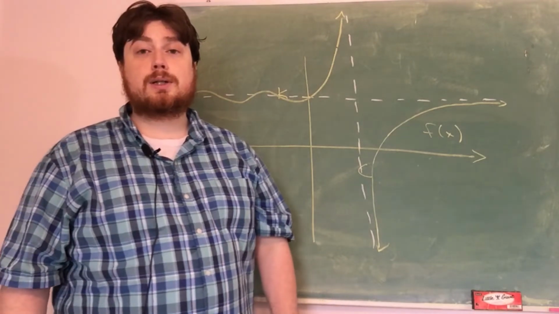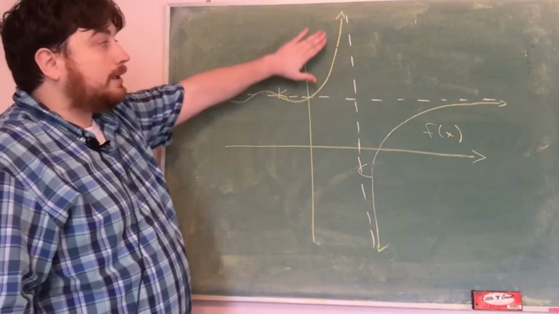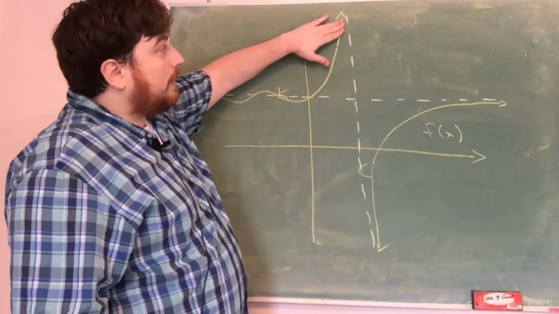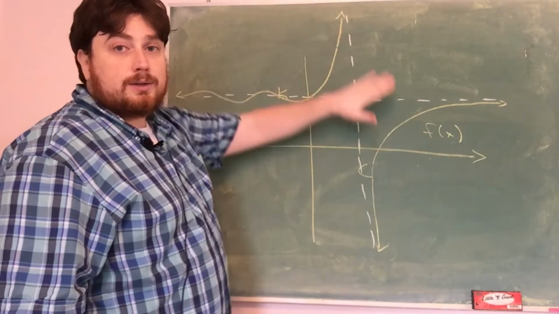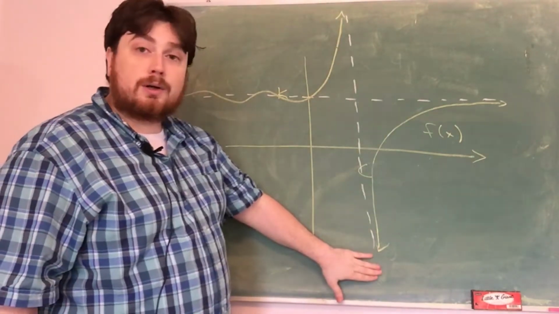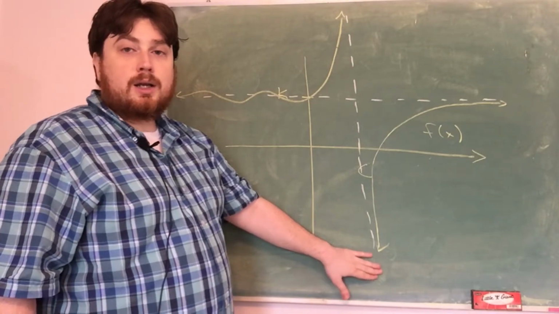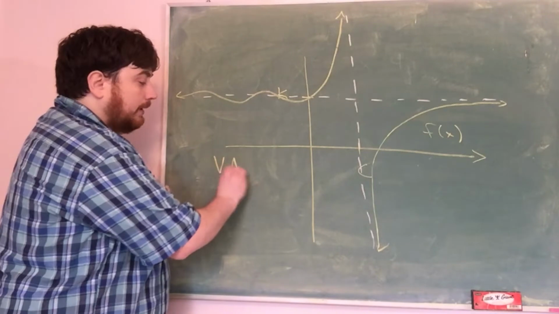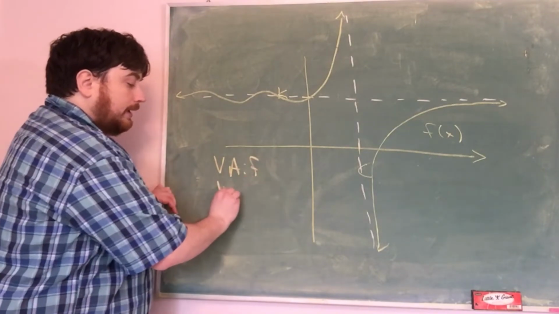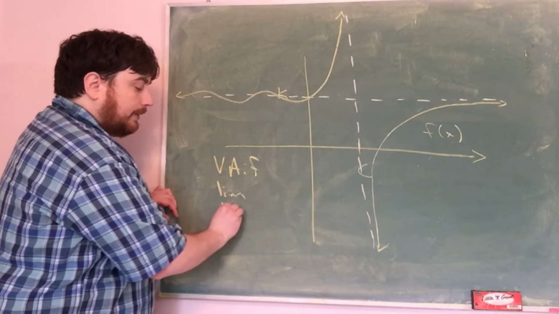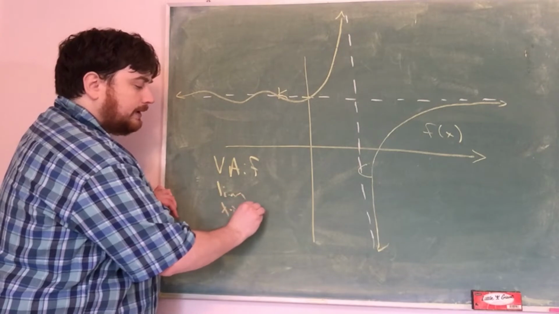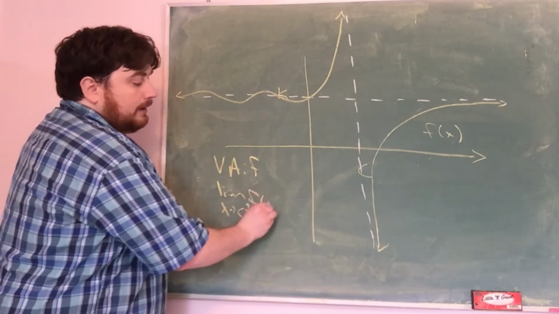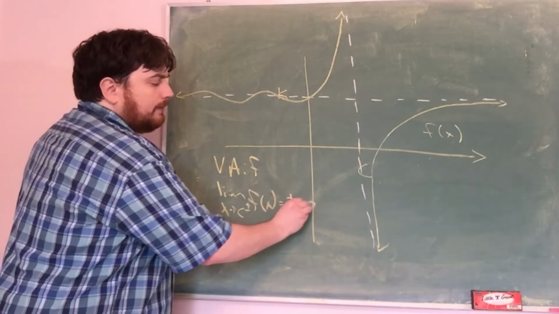What we're really trying to say here is that as we get close to c, the y values are getting arbitrarily large, or arbitrarily large in a negative direction. Either way, there is a vertical asymptote if the limit as x goes to c, either from the right or the left, is equal to either positive or negative infinity.